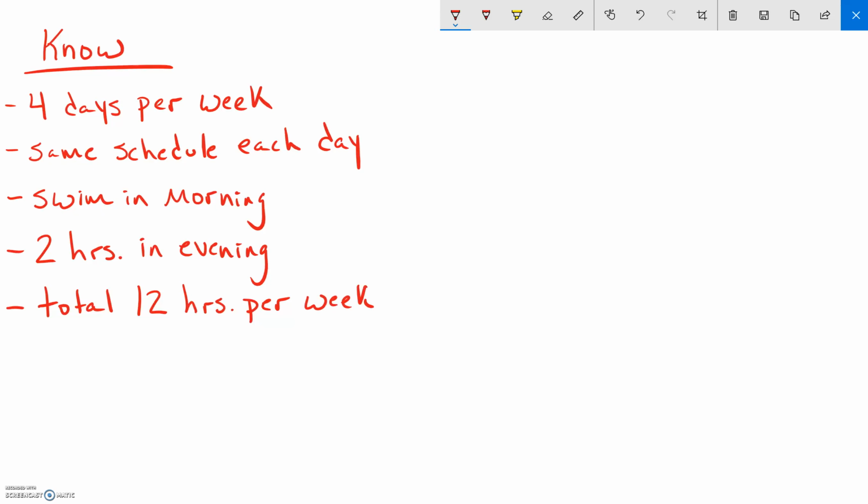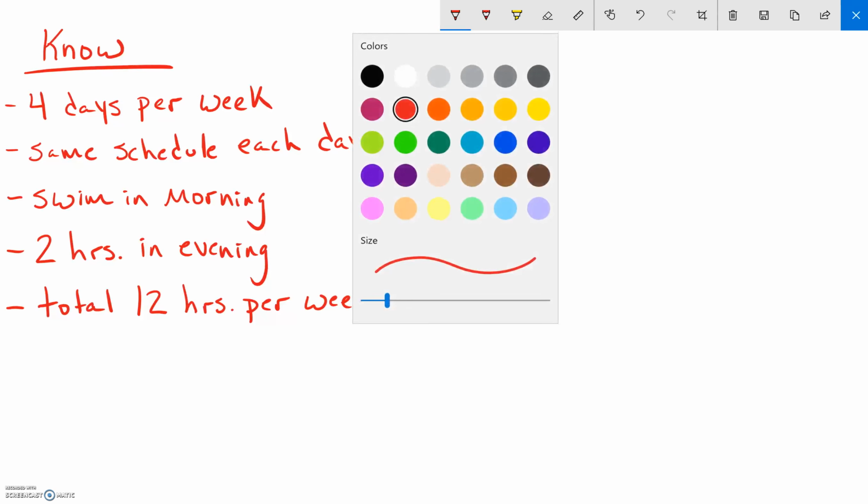So we want to take our time writing this stuff down. We want to picture the situation. And then the question is, if they do swim 12 hours per week, how long does she swim each morning? So that's what we want to know.